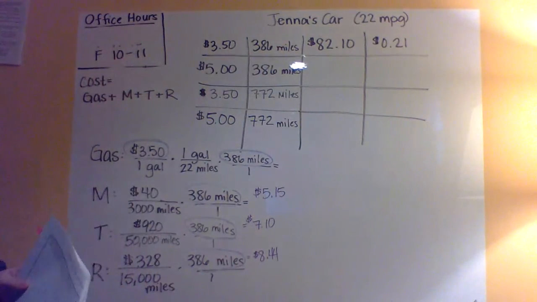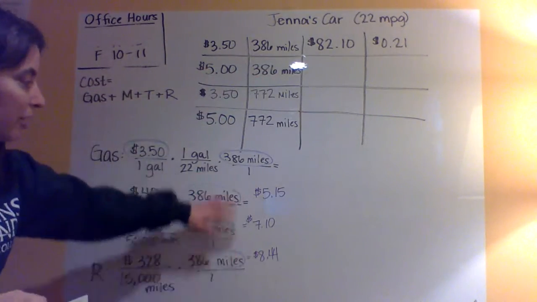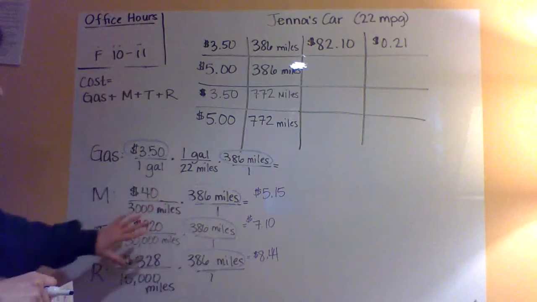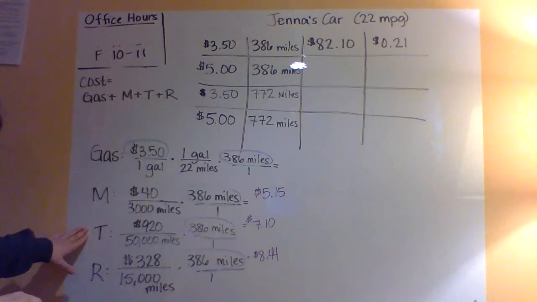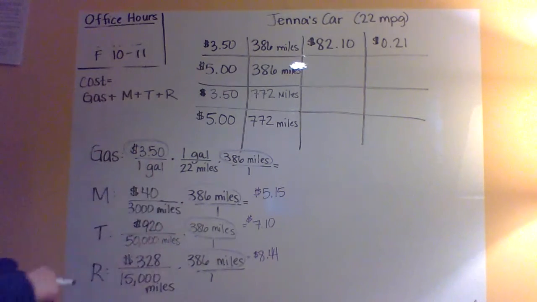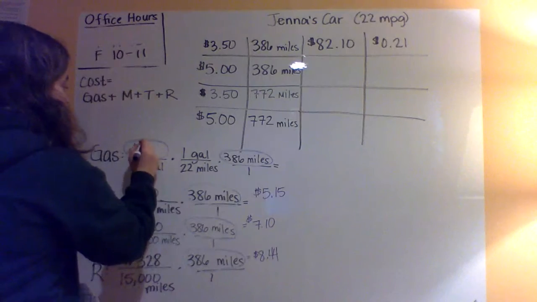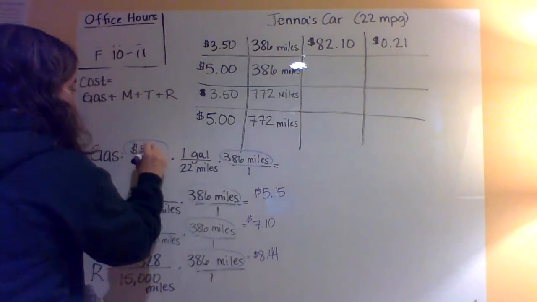Okay, now this time when I go to the second row, these are all going to be the same because I'm still driving 386 miles. My tires don't care what gas costs, right? So that's not affected by that. The only thing that's going to be affected here is this gas price. So now my gas price is going to be $5 a gallon.